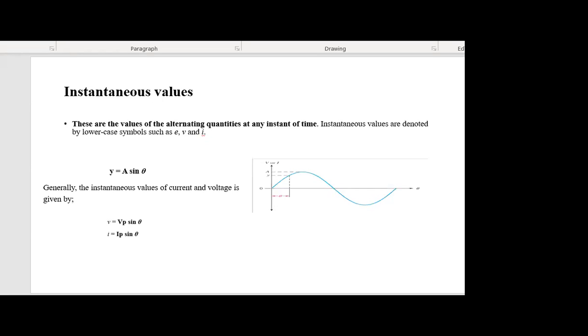Instantaneous values. These are the values of the alternating quantities at any instant of time. So the instantaneous values can be for the voltage or the current. So you just have to substitute in this equation whether you need current or voltage.